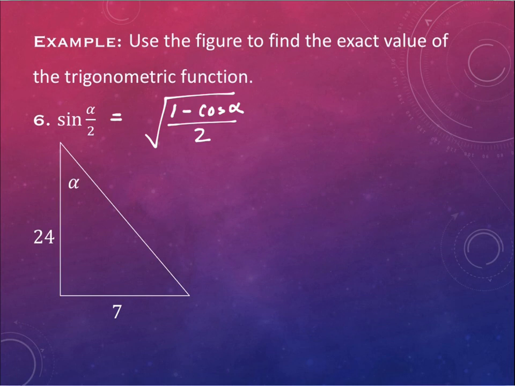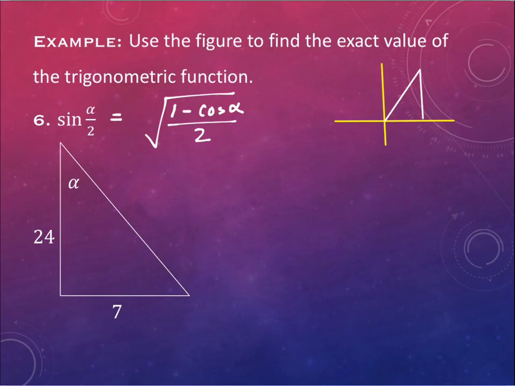Another way we could say this is that we're automatically in quadrant 1. I know the triangle isn't drawn quite like that, but I have to be in quadrant 1. It's the only quadrant where I have x values and y values that are both positive. So if you want to redraw this in the correct quadrant, you're certainly welcome to do that. If I have a 7 and a 24, and they're both positive, they have to be drawn in this quadrant.